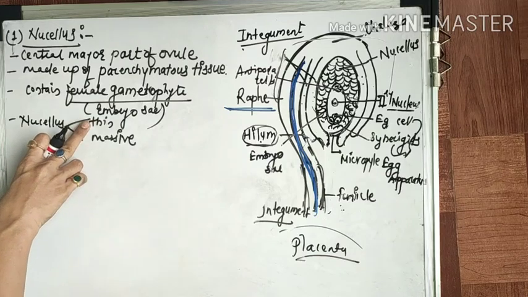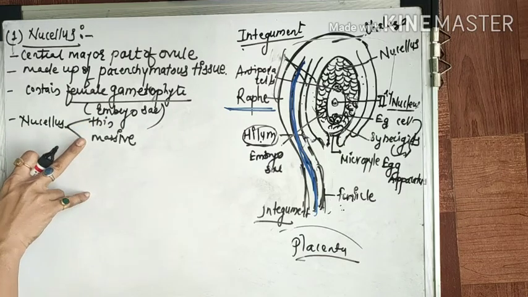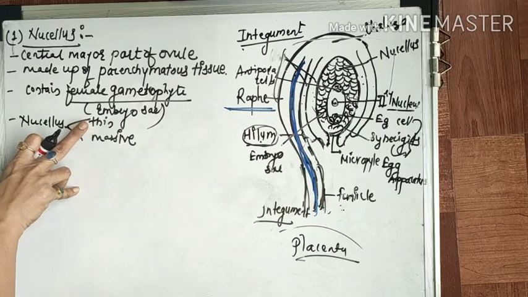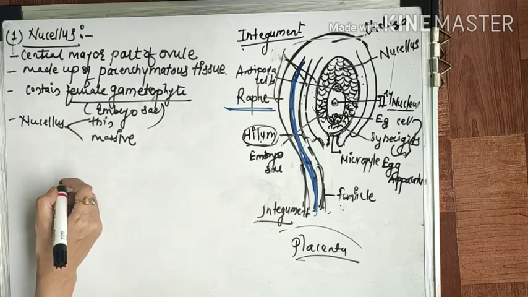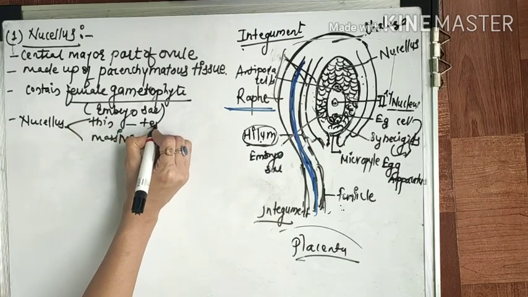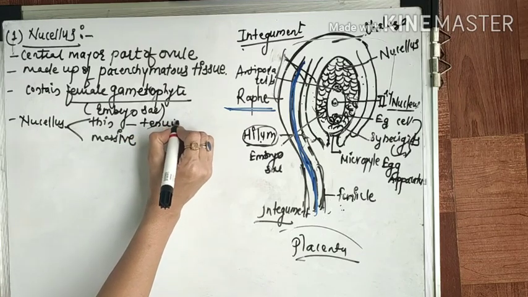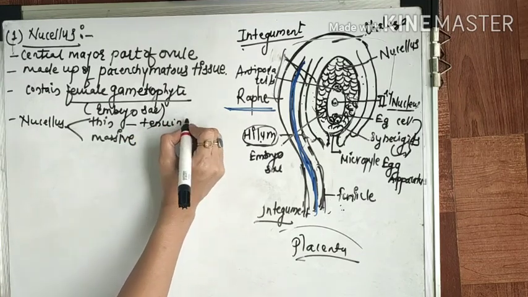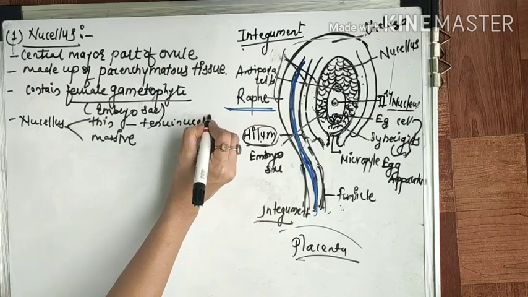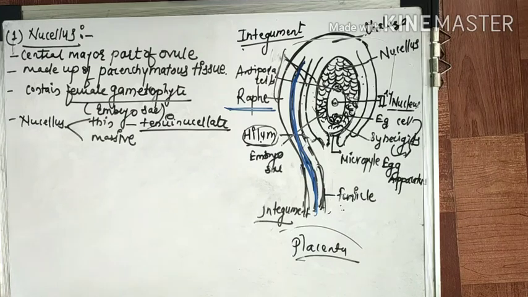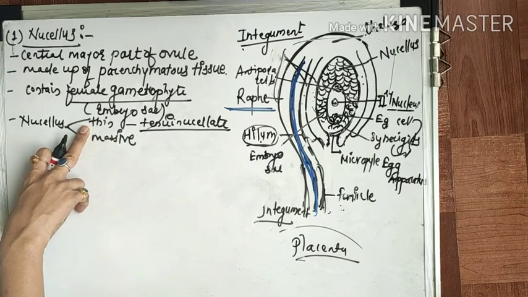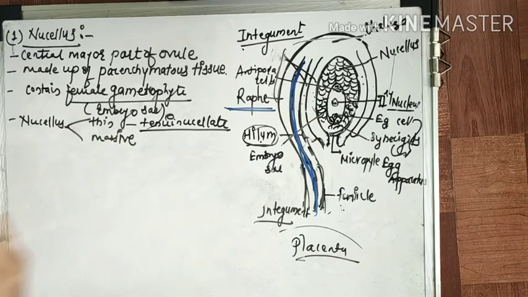When the nucellus is thin, it is called tenuinucellate, and this generally occurs in a family.